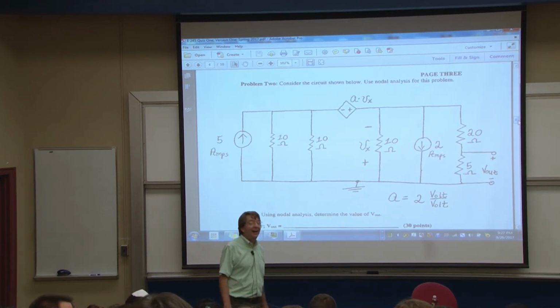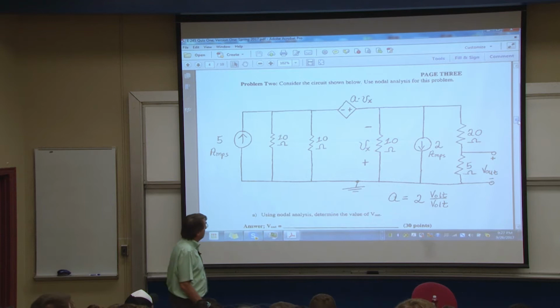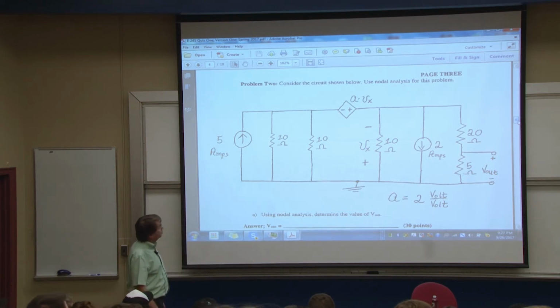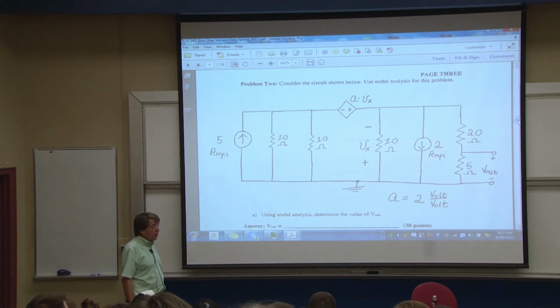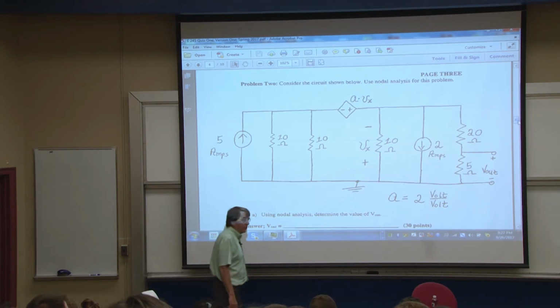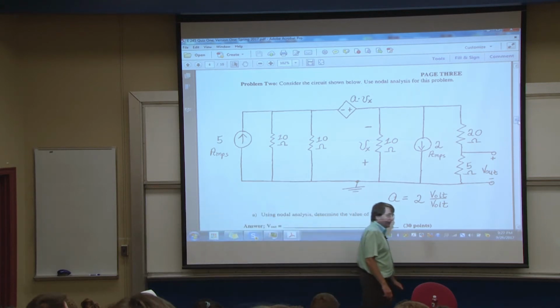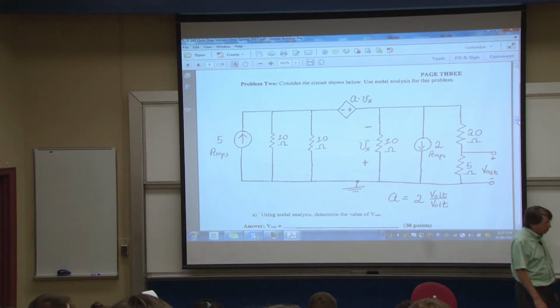There's just one supernode. So that becomes our definition of a supernode.